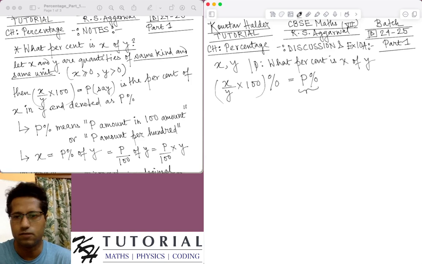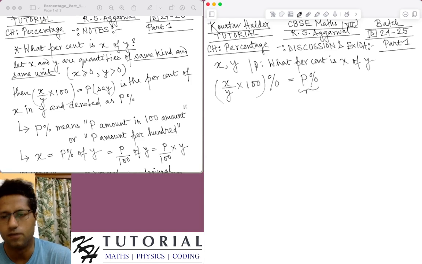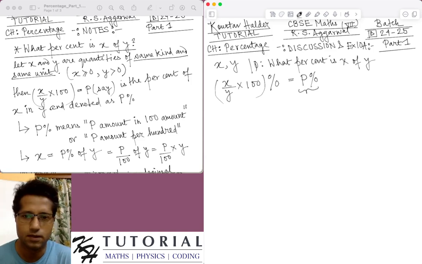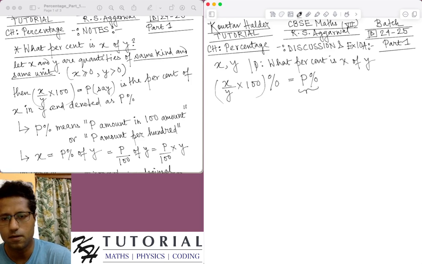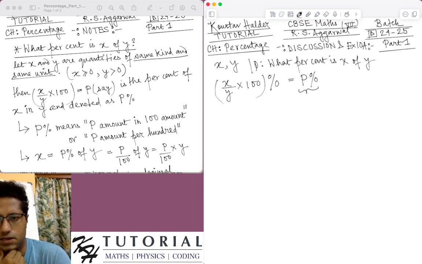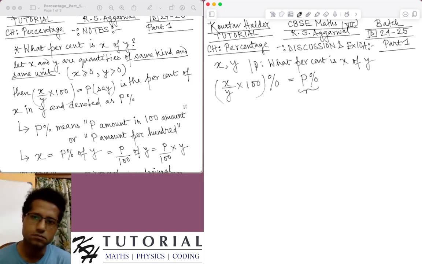Now, what does p percentage mean? It means p amount in 100 amount, or p amount per 100. Let's say this p is a number. It could be an integer, a fraction, or a decimal. Usually this number p is written in the form of a decimal.